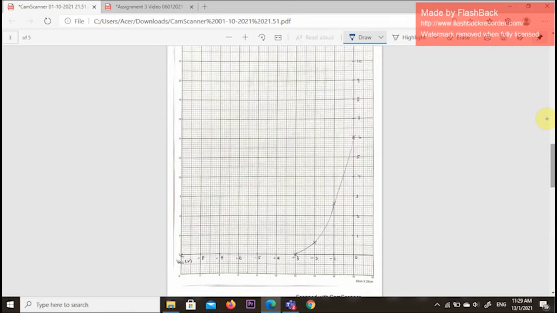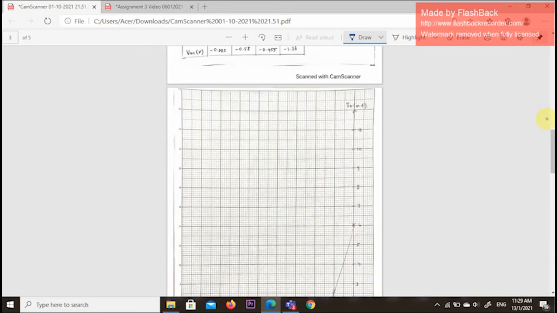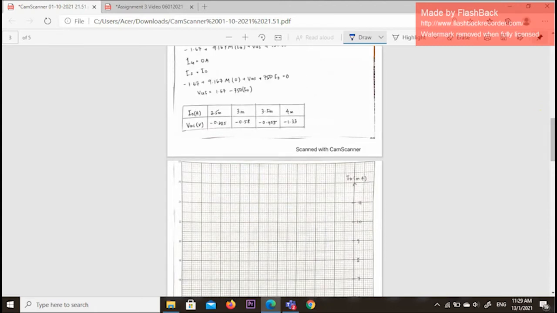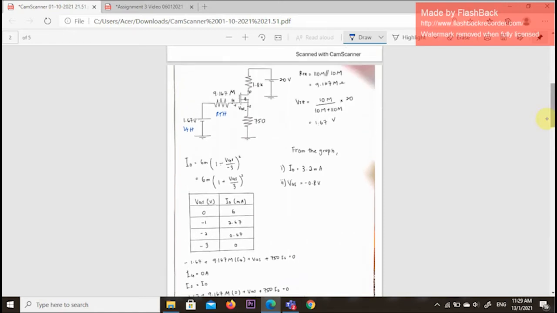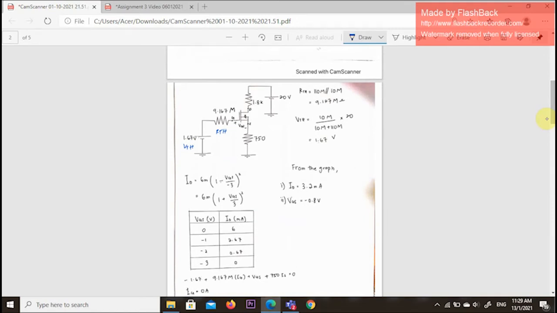Next, we need to plot another graph, so there will be an intersection to find the values of VGS and IDQ. This is an N-channel MOSFET.